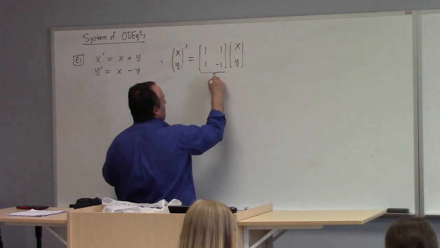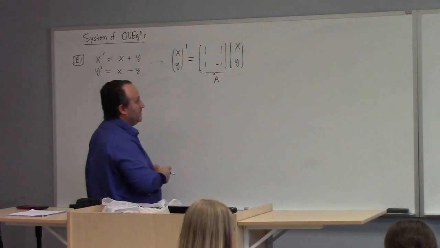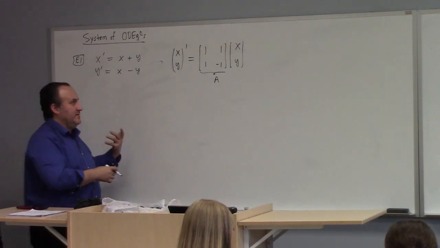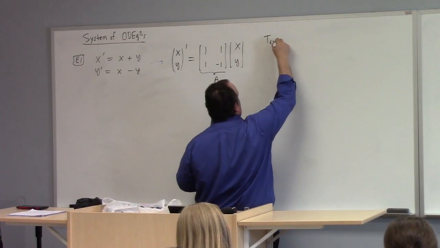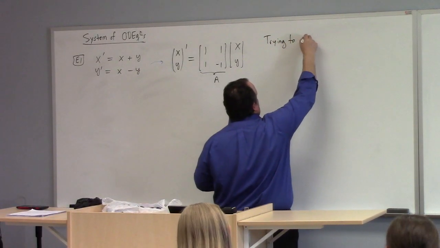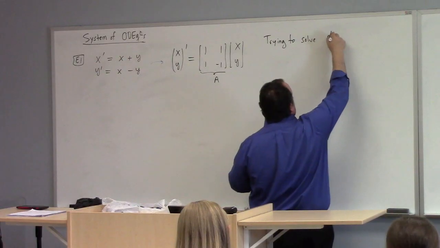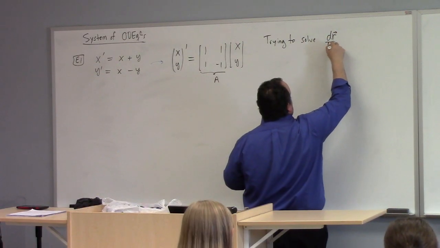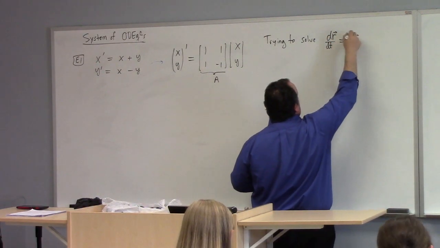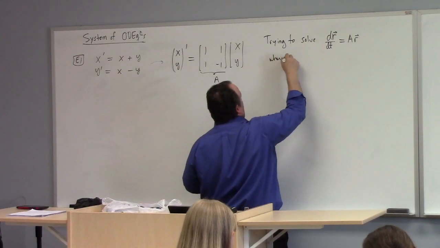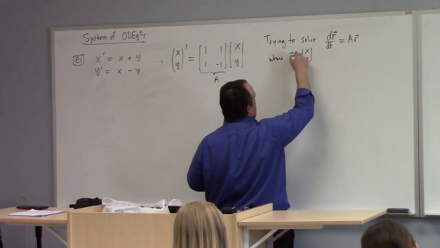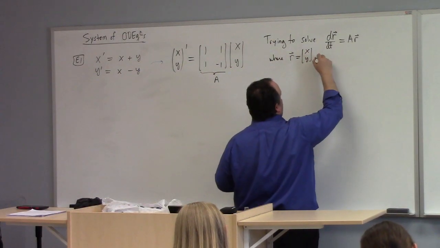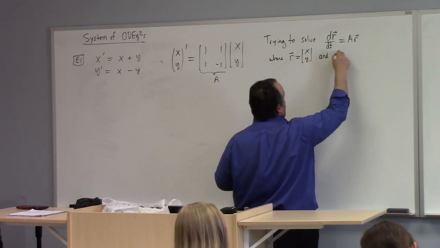So here's my coefficient matrix. And what we're trying to do is solve dR/dt equals AR, right? Where R in this case is a vector of unknown functions we're looking for, and A is constant.